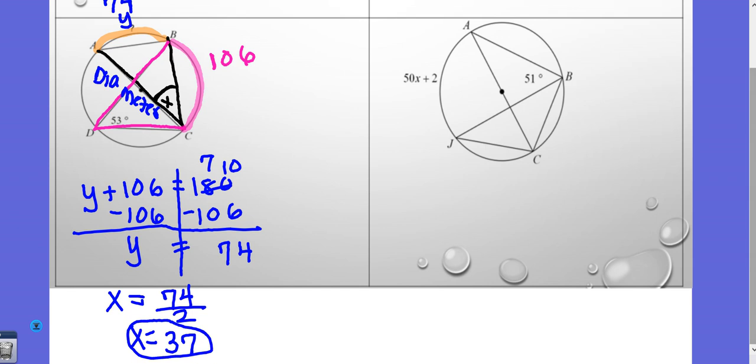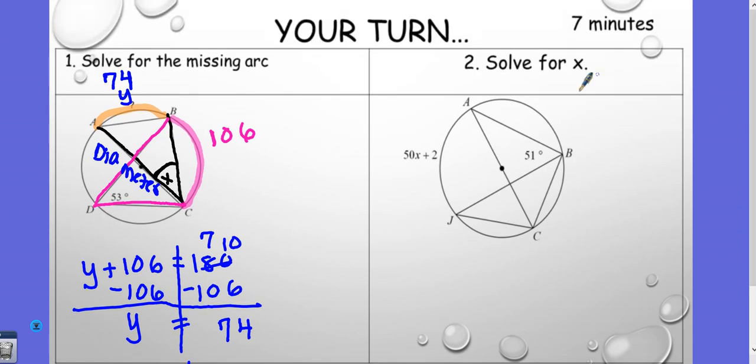Okay, let's go to the other one. Here I'm just going to simply get my highlighter, or you can just use a colored pencil, and match the arcs with the angles. So right here I'm going to get angle JBA, and it goes with this arc. Okay, if it's asking me to solve for X, there's a relationship here.